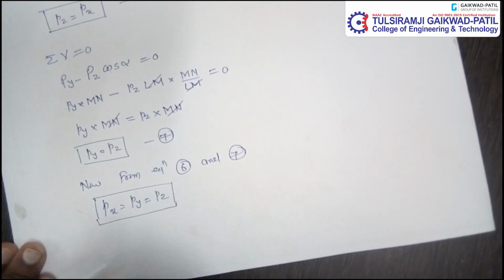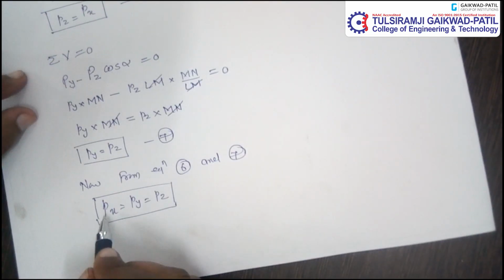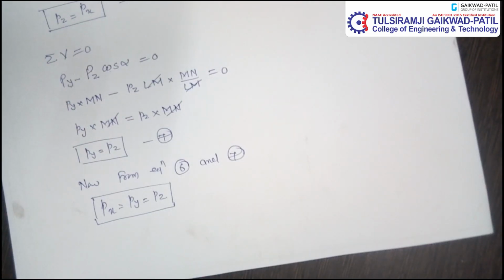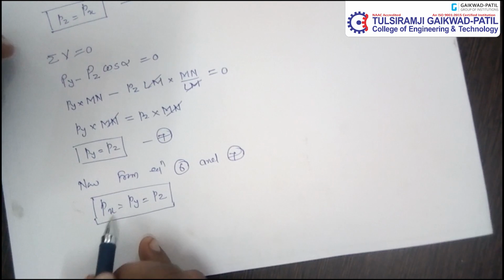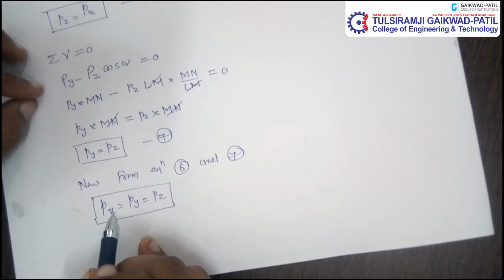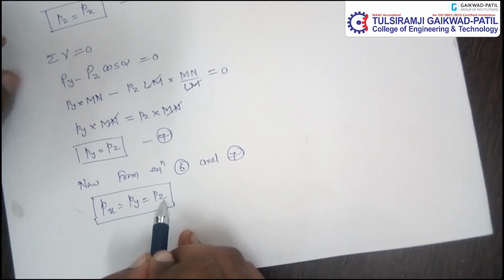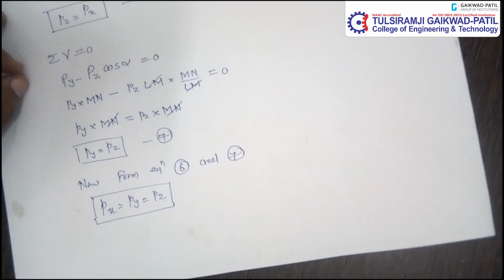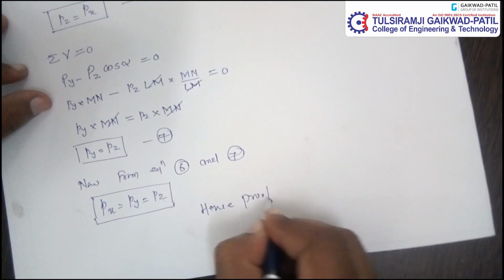So this is the proof of Pascal law, which states that the intensity of the pressure, intensity means small amount of pressure, the intensity of the pressure at any point in a liquid at rest condition is same in all direction. So this is proof that the intensity of the pressure in x direction, the intensity of the pressure in y direction, and the intensity of the pressure in z direction is same. Hence proof.